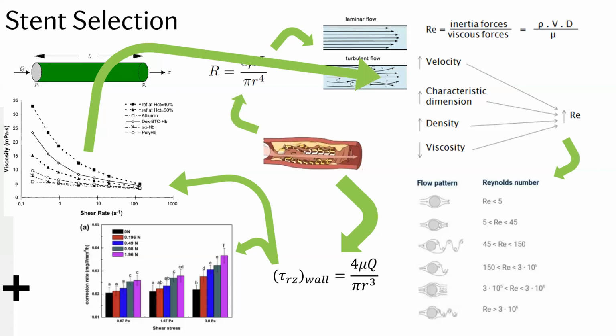You can see the viscosity is present both in the resistance and the wall shear stress and the Reynolds number. So this is a complete challenge to actually model. It's a full feedback loop.